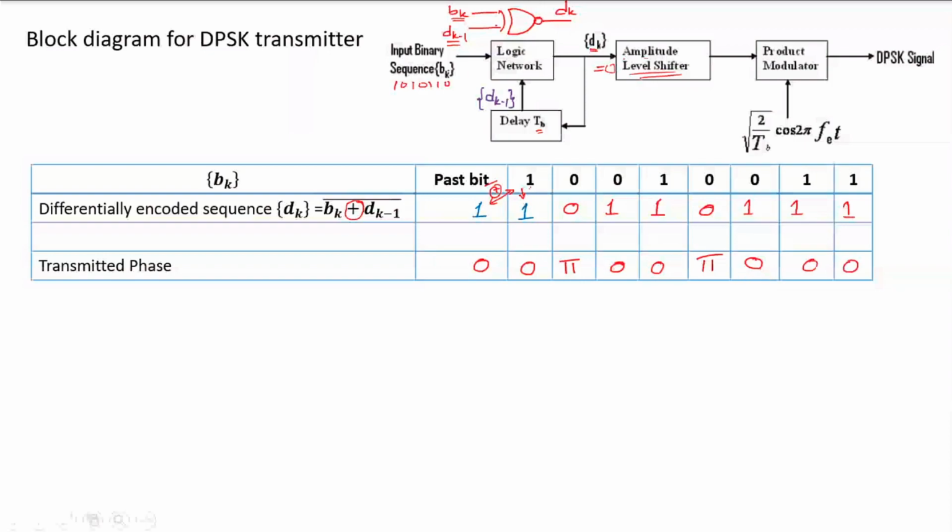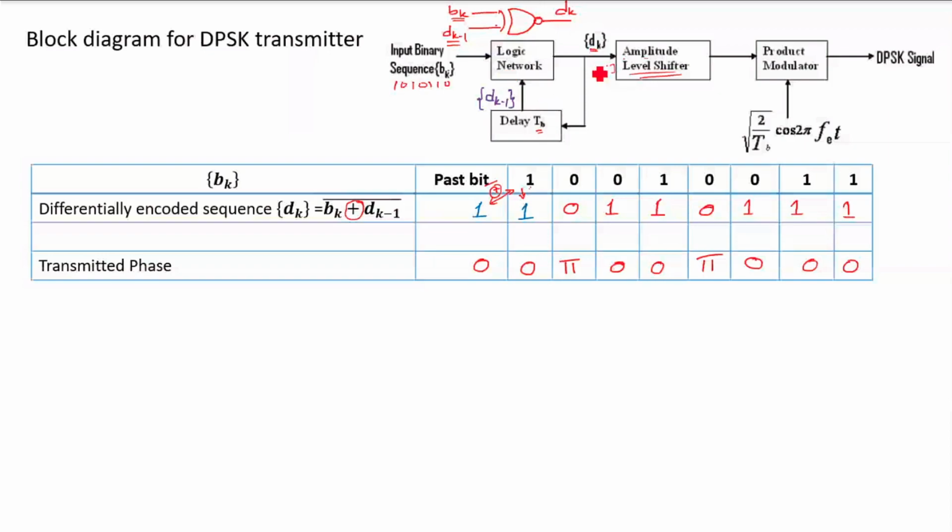Any doubts here? So what do you understand by this? There are two steps in differential phase shift keying. One is differential encoding, done here. Differential encoding is nothing but an XNOR operation: the present bit XNORed with the past output of the XNOR gate.